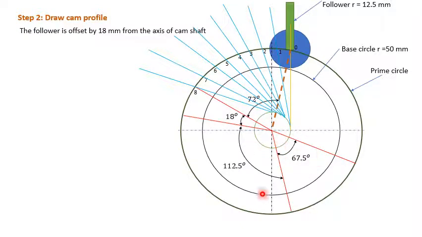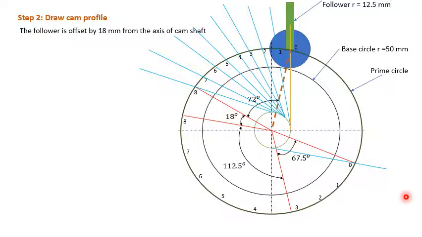Next, coming to the return stroke. For the first one, the acceleration period, we have to divide it into 5 equal parts. Then divide the remaining portion, the retardation period, into 3 equal parts.